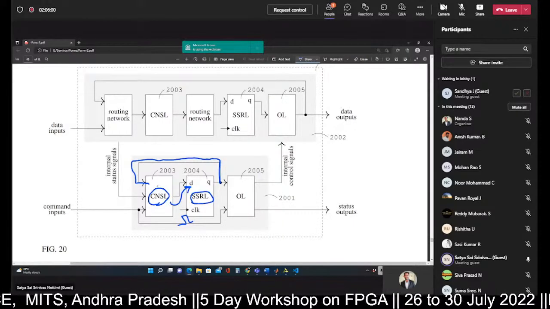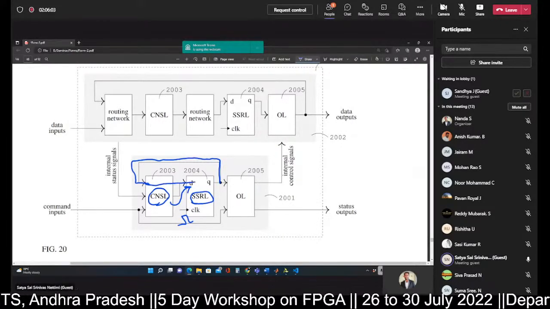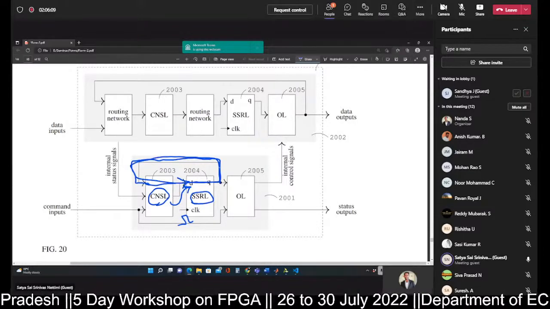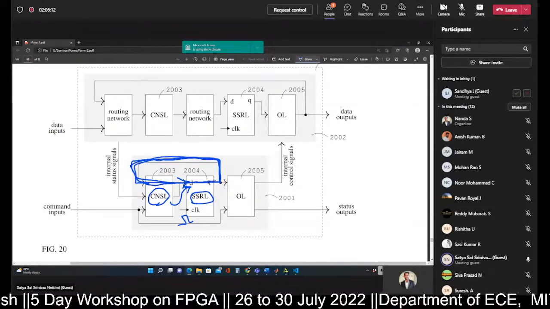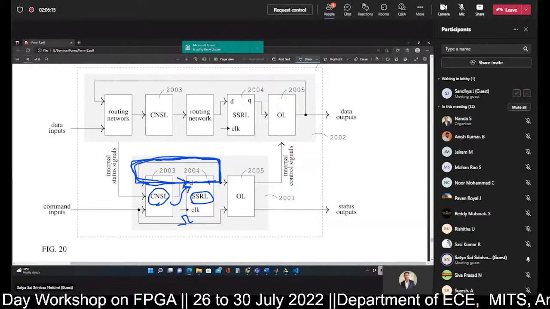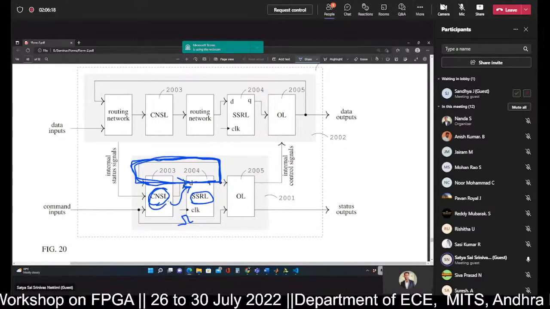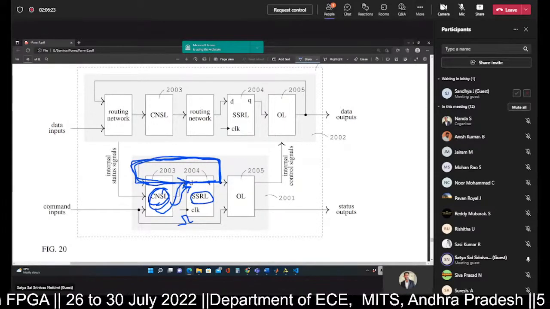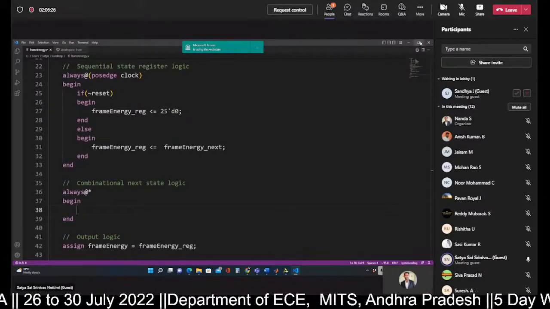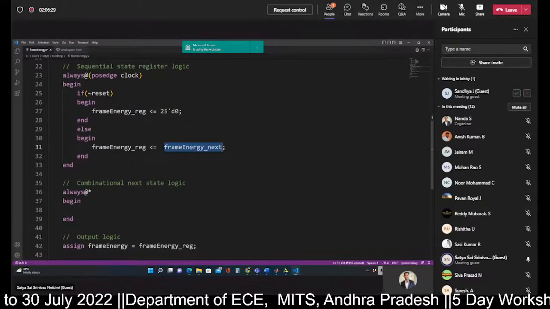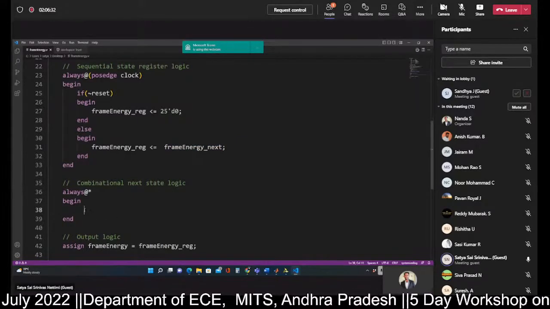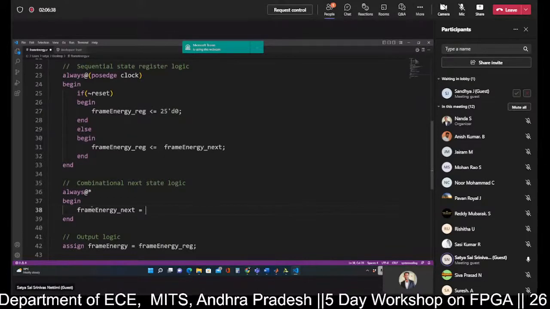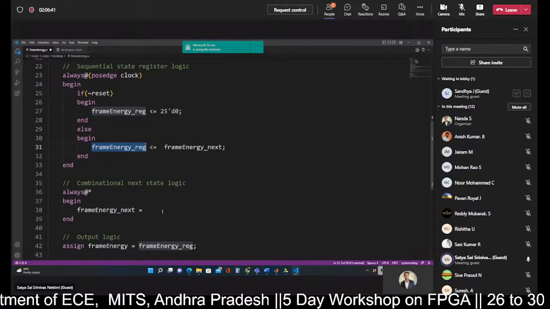When you are not performing any operation, that same value should go into the register. So it should be in the form of a loop. When any condition becomes valid and you are operating, then the combinational next state logic will do some data manipulation and that new data will go into the register on arrival of a clock. So when nothing is going to happen, the combinational next state logic should follow the register.